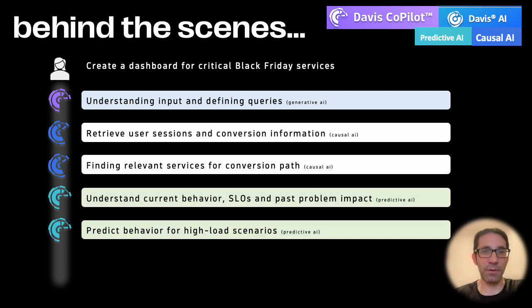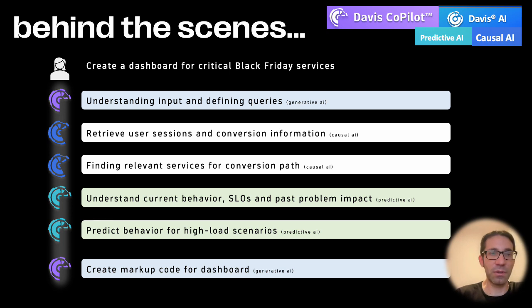It also needs information from the predictive AI, particularly a forecast for the behavior for a high load scenario, because that's what a Black Friday is. It's a high load scenario, right? And then again, generative AI kicks in, puts together all this information and produces the output for the user. In this case, the dashboard.